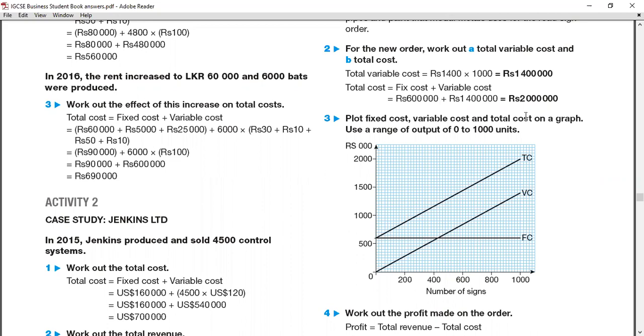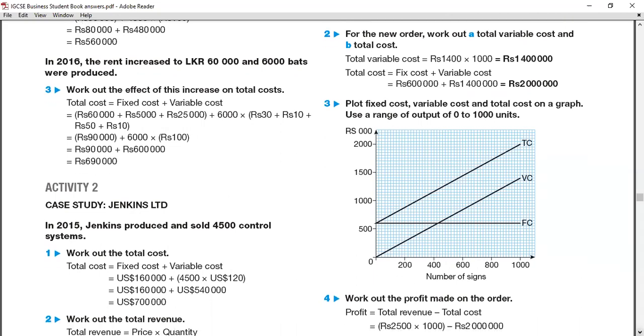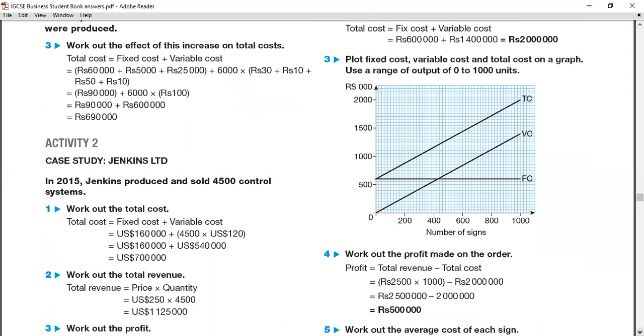Third question asks you to plot the fixed cost, variable cost, and the total cost on a graph, using the range of output from 0 to 1,000. Plotting graph questions have recently not been checked in Excel questions, but from a graph you can sometimes identify small questions.